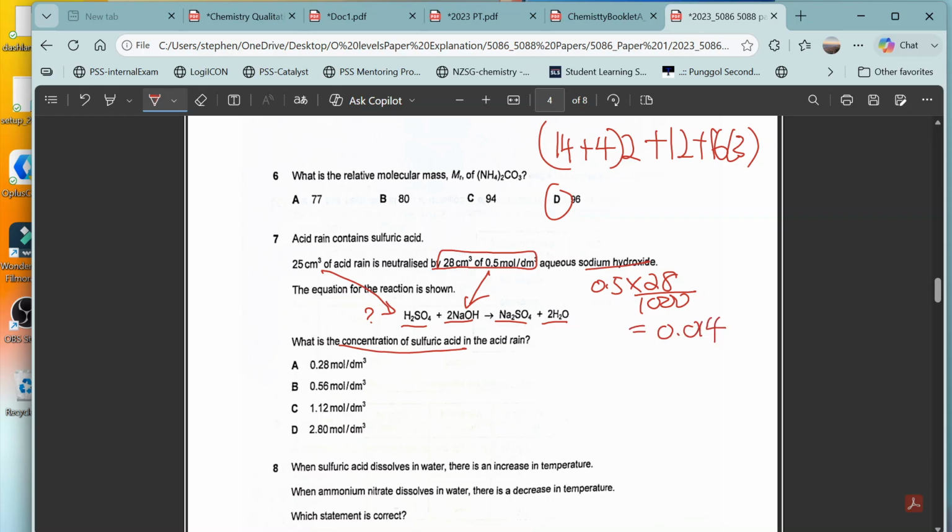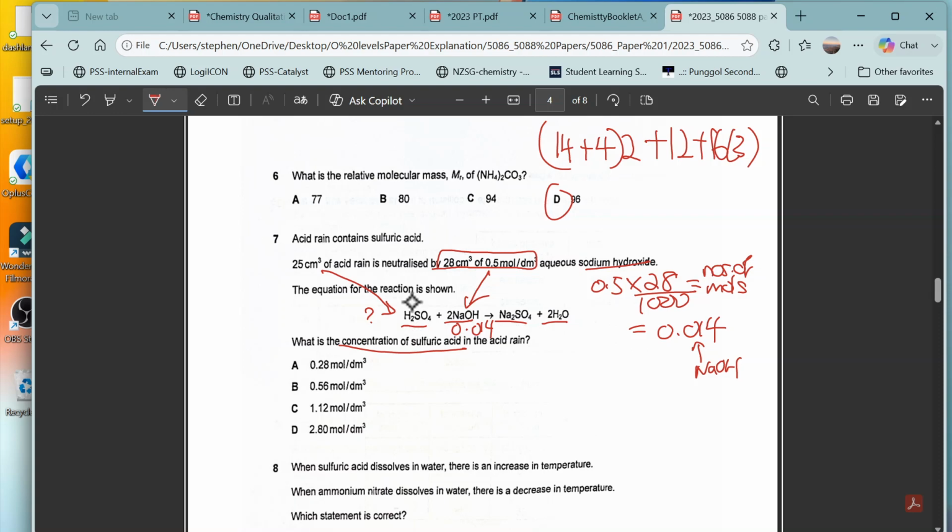Now what is that value? This is the number of moles. Number of moles of what? Of sodium hydroxide. Why on earth do I do that? Because that means the number of moles here is 0.014 moles. Then you can use the ratio to find out the number of moles of the acid.